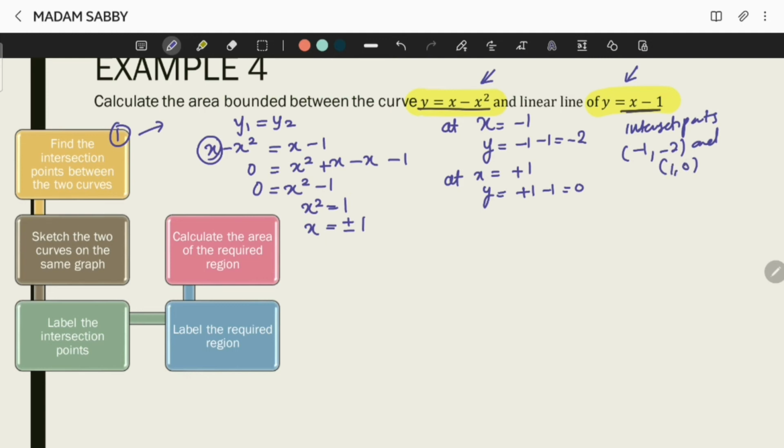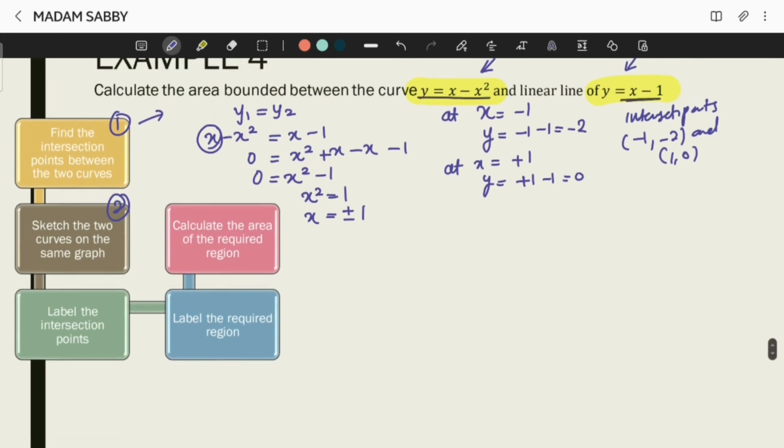Once you determine the intersection points, you can proceed to step number 2, where you need to sketch the 2 curves on the same graph. We have here y equals x minus x squared, which is a quadratic function, but a negative quadratic function. So it's not a smiley, but a grumpy face.